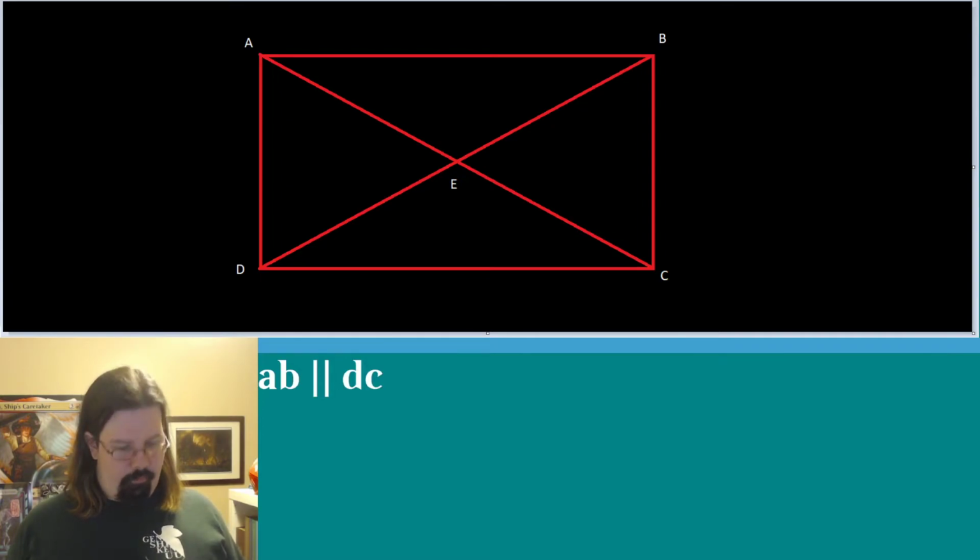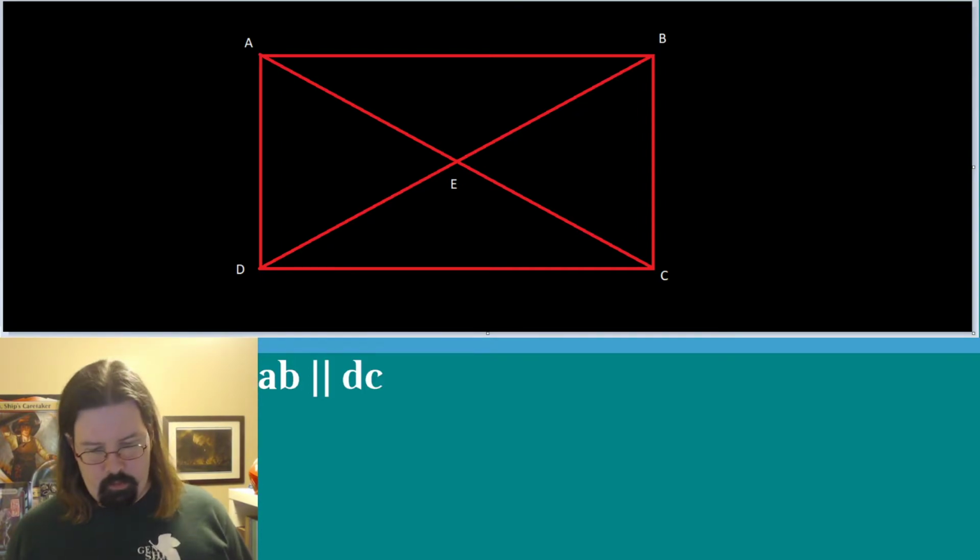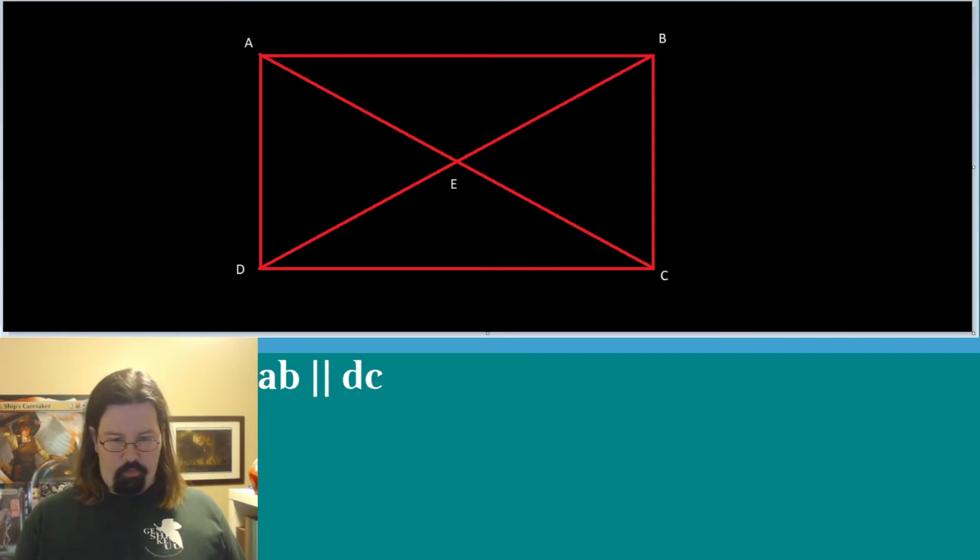And we have diagonal, and let's just focus on DB. Okay? But we also have BC is parallel to AD.